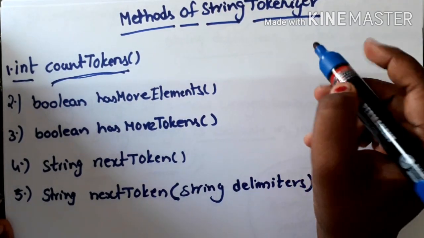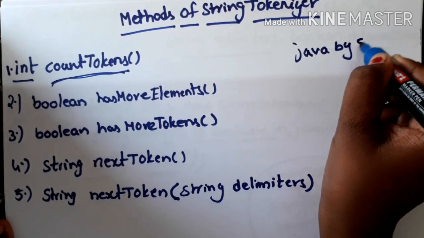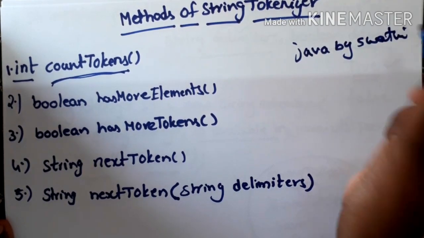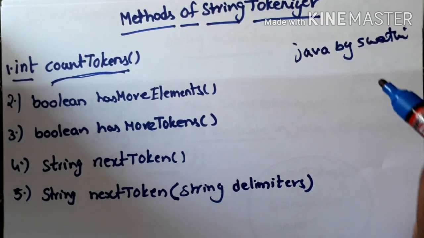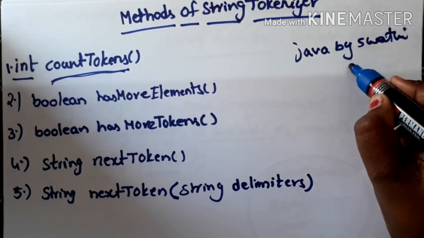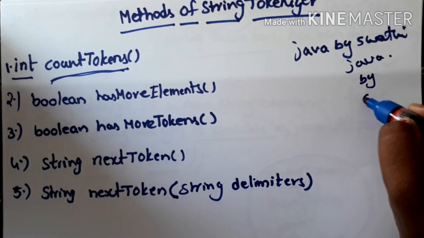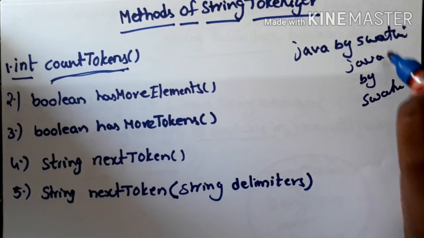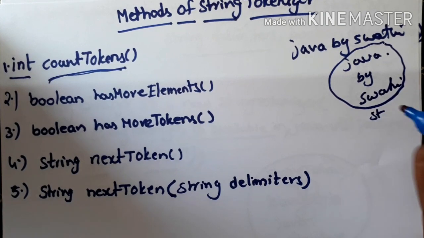Suppose I am taking the same example as earlier, Java by Swati. If I use default delimiters for tokenizing this string, then how many tokens will be there? Java will be 1 token, by will be 1 token, and Swati will be 1 token.